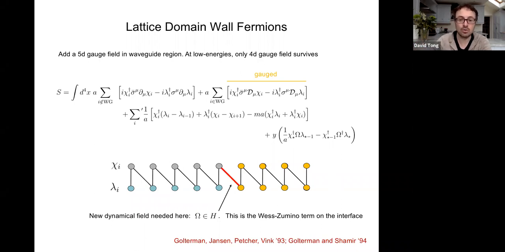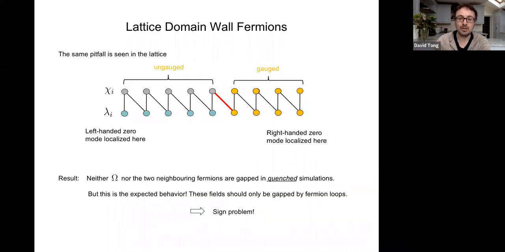You can show that the field that you have to introduce is actually associated to a Chern-Simons theory in 5 dimensions, and should decouple precisely when the fermions on the edge are anomaly free. But the trouble is, you only see that the fermions on the edge are anomaly free if you do a one loop calculation.